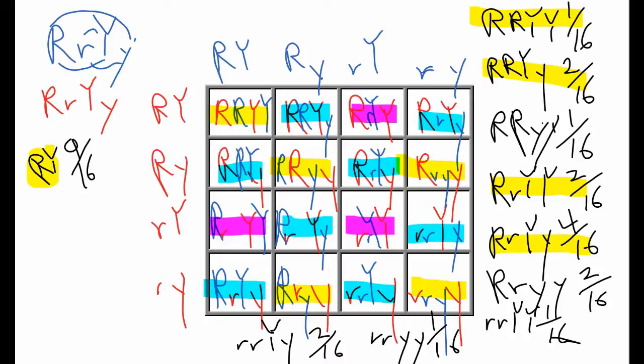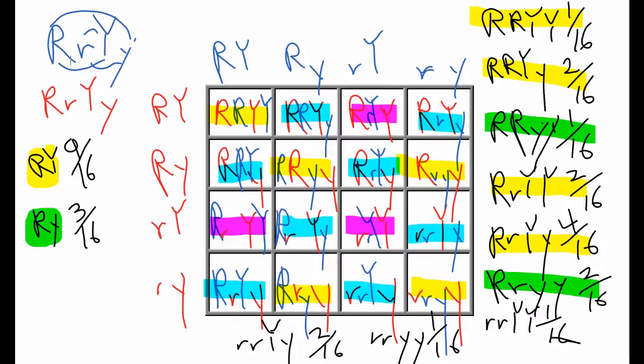You can have round green seeds. And this one looks like that, and this one looks like that. So that is 3 out of 16. You can have wrinkled yellow seeds.